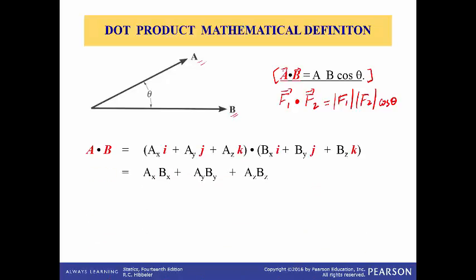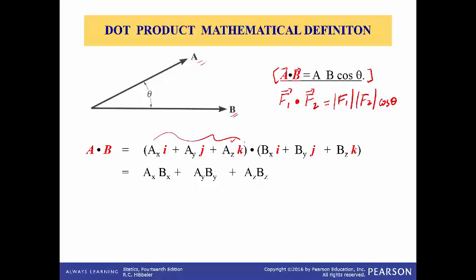So also, F1 dot F2 or A dot B refers to this expression where you have AX i, that's your vector A, AY j, AZ k dot BX, because remember this is the vector notation.